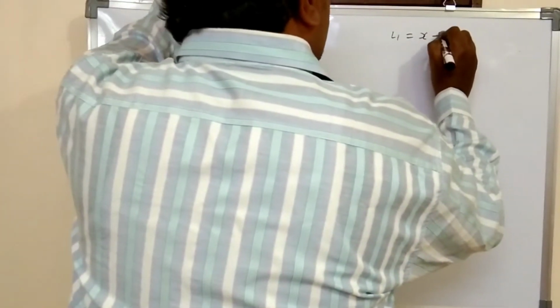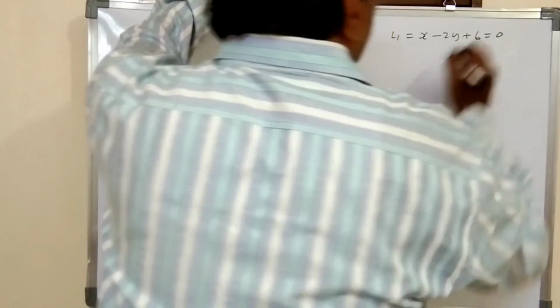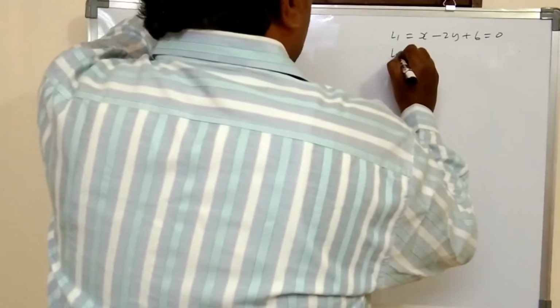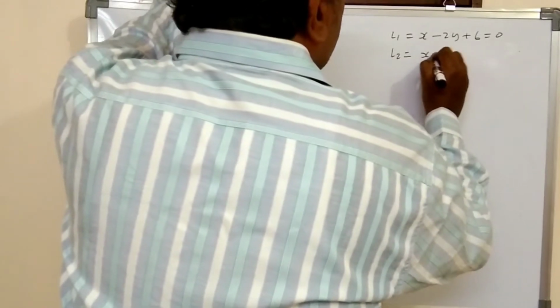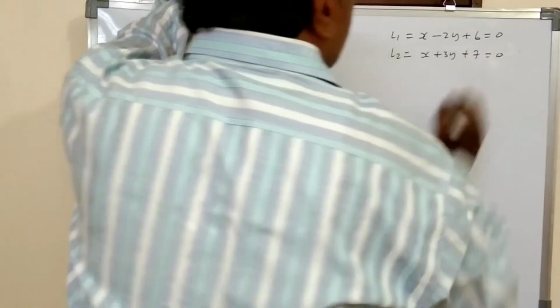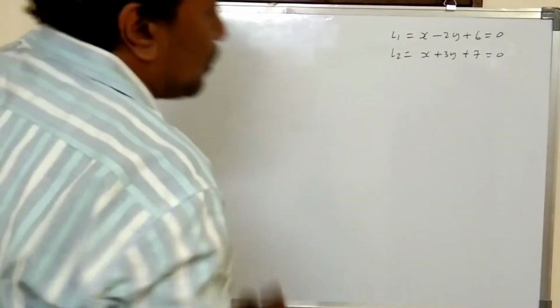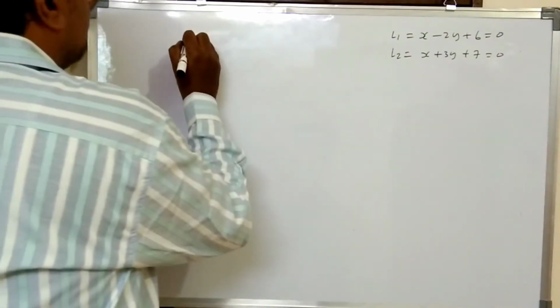Now we will take one example. L1 is x minus 2y plus 6 is equal to 0. L2 is x plus 3y plus 7 is equal to 0. We'll take these two equations. Here, first of all, we'll use cos theta.